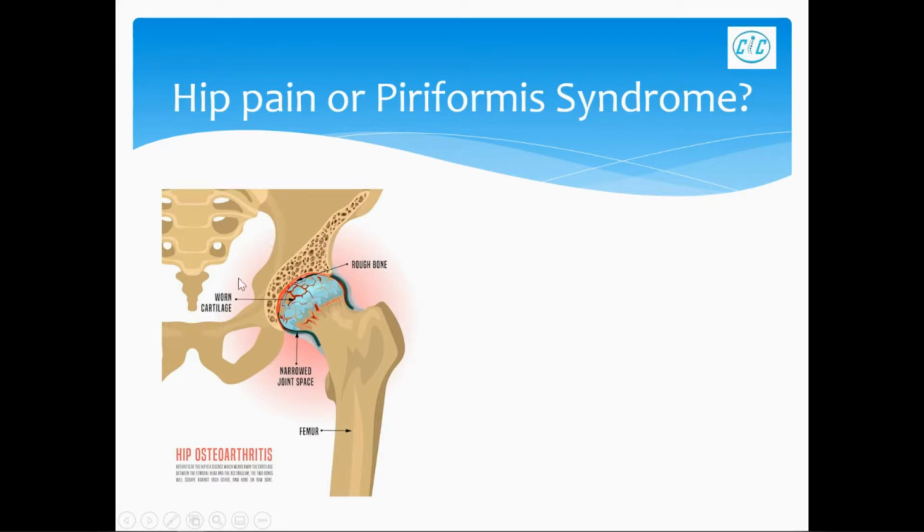And the pain, in this picture shown in the pinkish area with the hip injury, would be in the area around the hip, back of the buttock, and the front, which is the groin area.